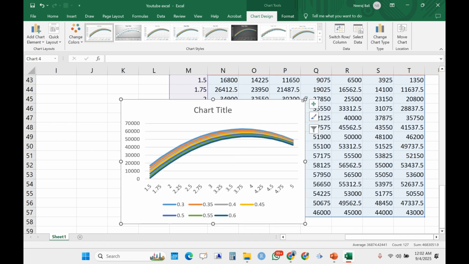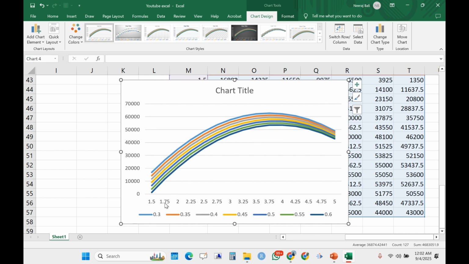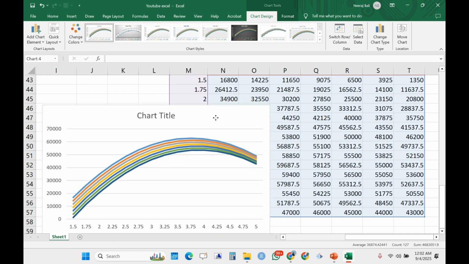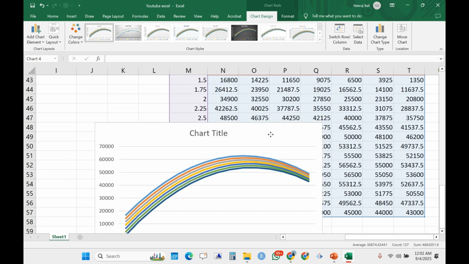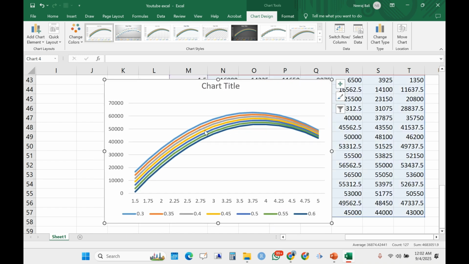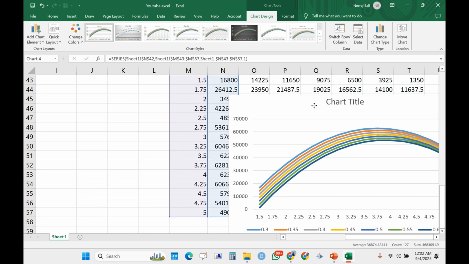See this 1.5, 1.75. What is this? This is the price. We are having price over here, right? And what is this 0.3, 0.35? If I click this, it will get highlighted.